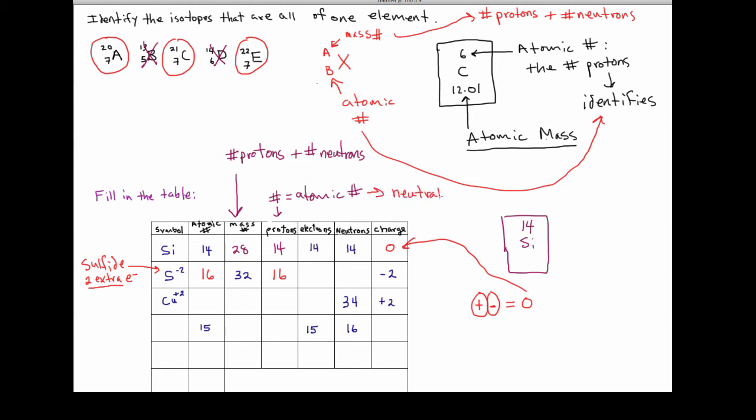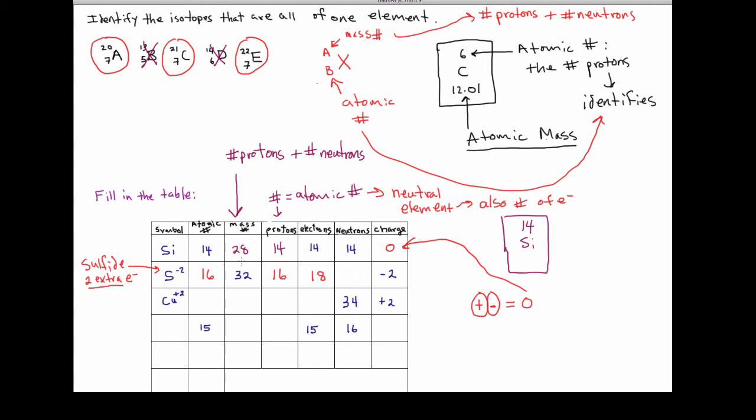So for a neutral element, the number of protons equals the number of electrons. All right, so normally this element, sulfur, would have also 16 electrons, but since it has 2 extra ones, then the total here is going to be 18. And then they want to know the number of neutrons.